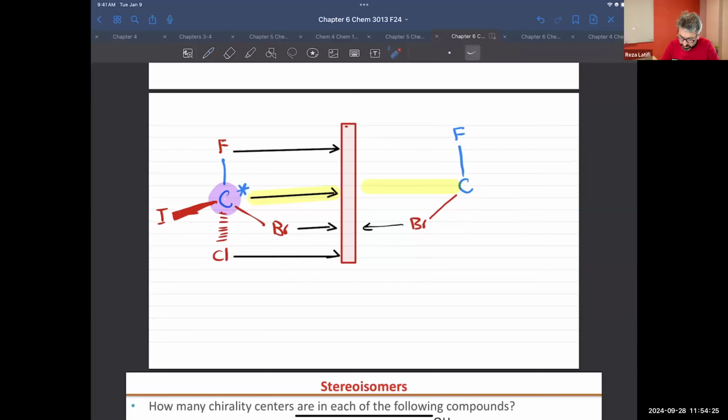Chlorine is going to be somewhere in this position, so I'm going to show the chlorine there. This is going to be chlorine. And where is iodine? Iodine has the longest distance from the mirror. So iodine is going to be somewhere here, and so we're going to show iodine.